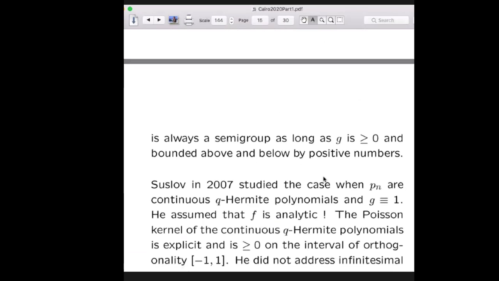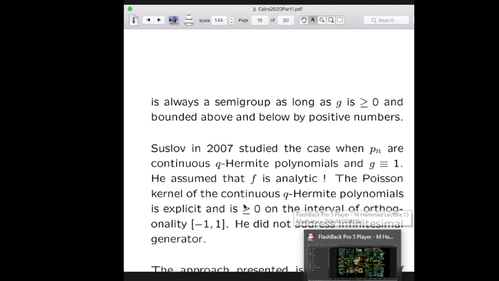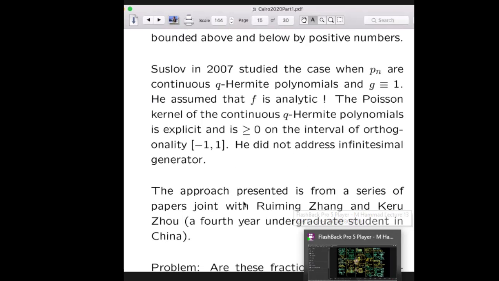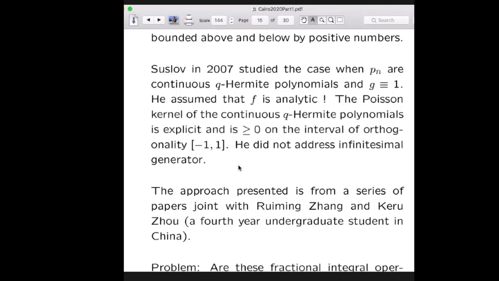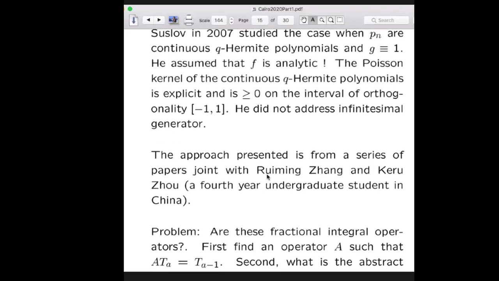Okay, so that was 2007. And the approach I'll show you is from a series of papers I'm writing with Ruming Zhang and Keru Zhu. Ruming Zhang was my PhD student. He graduated around 1990 or 91. Zhu is an undergraduate student.